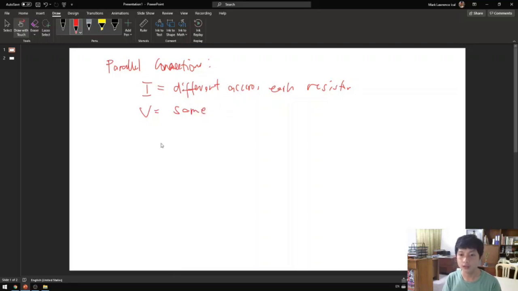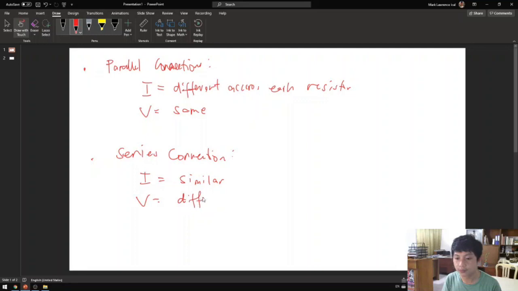Whereas in series, the current is similar and the voltage is different.